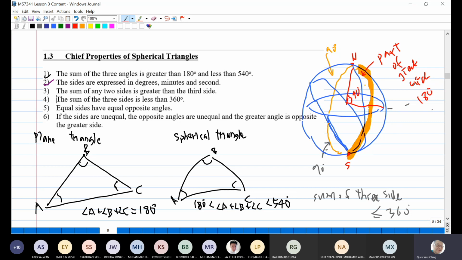Then you get another side of the great circle. Let's say another way, another side of the great circle you can get from here, part of this one, and then the great circle here.